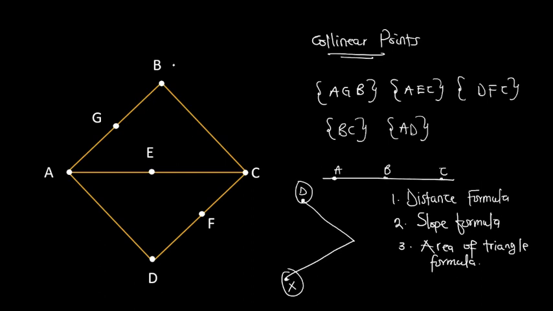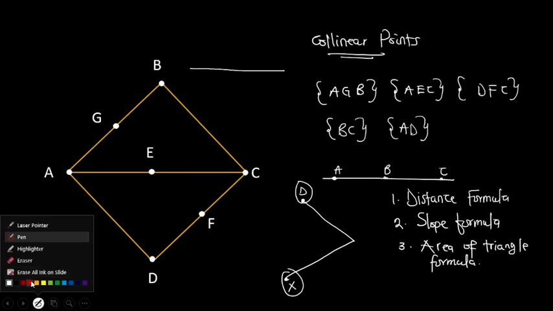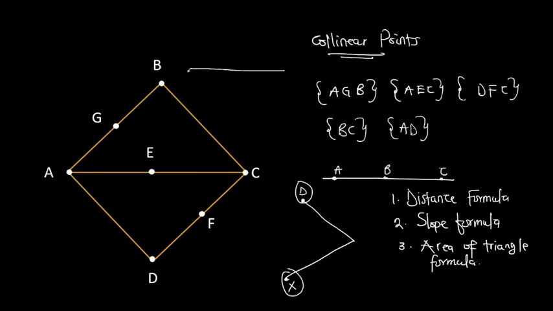Now, for the distance formula, if let's say we have point A, B, and C, let's say this is a straight line, we have a point, let me use a different color. So we have a point here A, another point here B, and another point here C, and these points A, B, and C are said to be collinear.